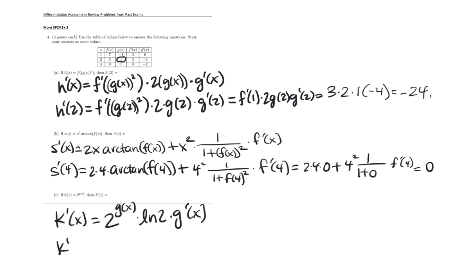So k prime of 1 equals 2 to the g of 1, which is negative 1, natural log 2, g prime of 1 is 6. Okay, so I can leave it just like that. Or I can simplify it, I guess, to be 3 natural log 2, because 6 divided by 2 is 3. Yep, so I can leave it like that.